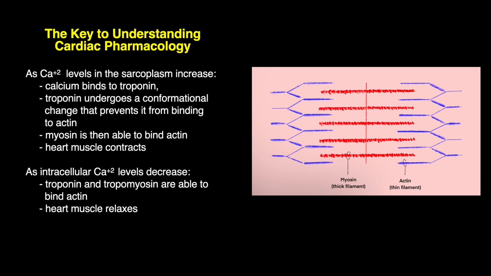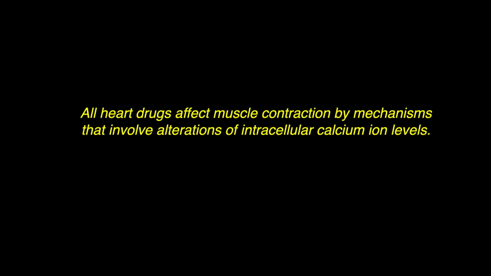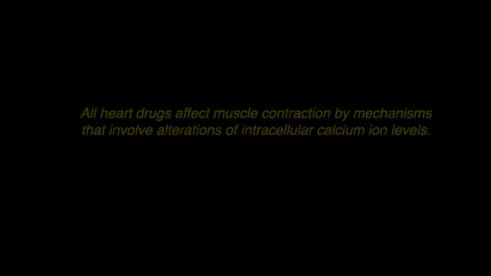This in turn causes binding sites on actin to be exposed so that myosin may bind to actin and muscle contraction may occur. As intracellular calcium levels decrease, troponin and tropomyosin are able to bind actin, resulting in cardiac muscle relaxation. All heart drugs affect muscle contraction by mechanisms that involve alterations of intracellular calcium levels. This is a crucial point. You may understand the action of any cardiac drug if you understand how the drug affects intracellular calcium ion concentration.